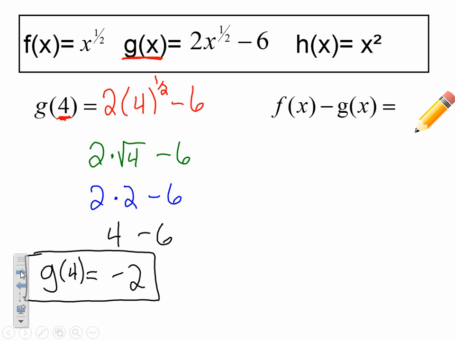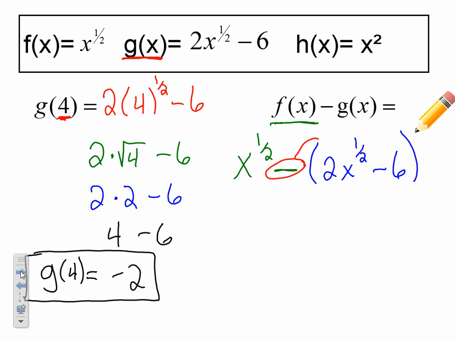So that's when we're plugging in a number for our x value. Now here, all we're doing is taking our two functions and subtracting them. So my f of x, which is x to the 1/2, minus whatever my g of x is, which is 2x to the 1/2 minus 6. Now I have to distribute this negative here and here, so I'm going to get x to the 1/2 minus 2x to the 1/2 plus 6, because minus a negative turns into a positive.